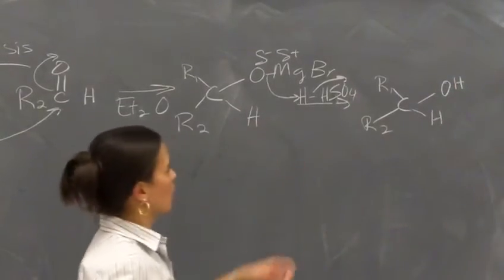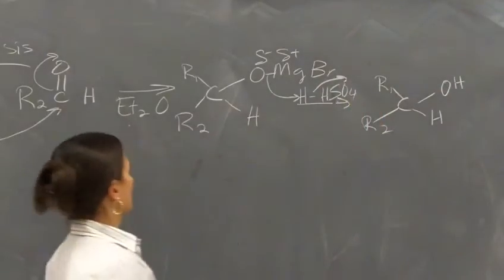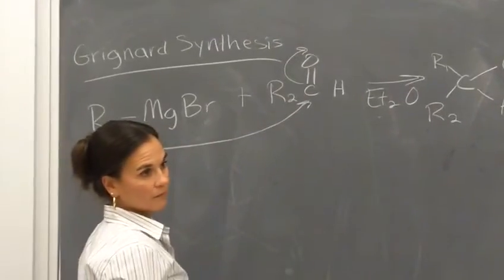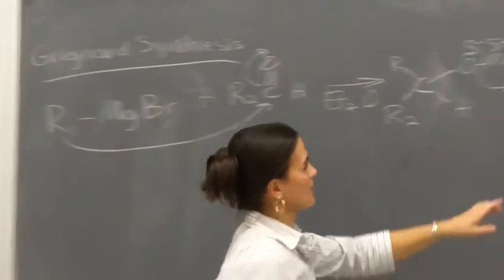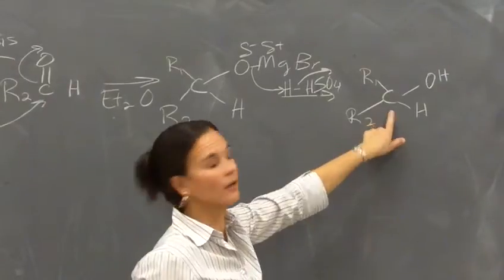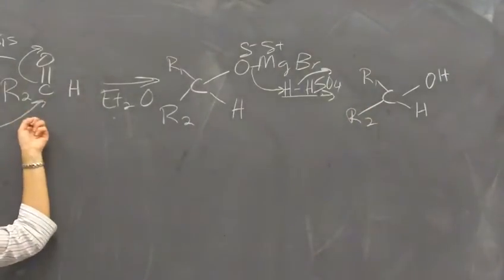Okay, so it's important to note here where each carbon chain is coming from. So this guy came from our alkyl bromide, all right? This carbon is the carbon of the carbonyl of your aldehyde. This alkyl chain is from your aldehyde, okay?